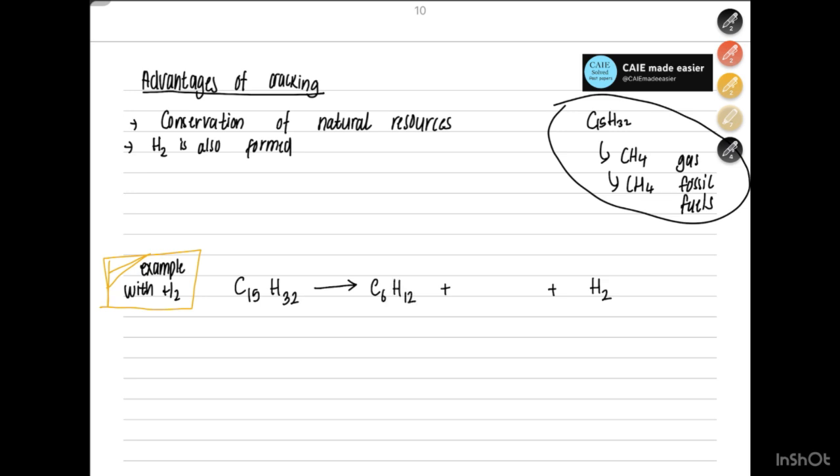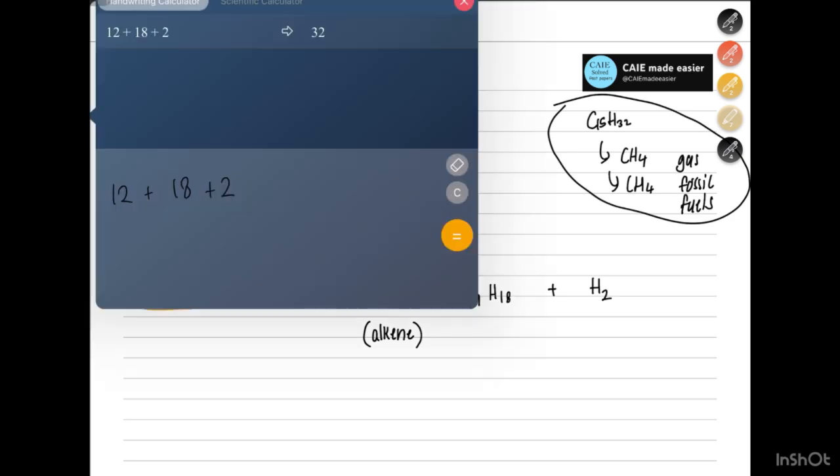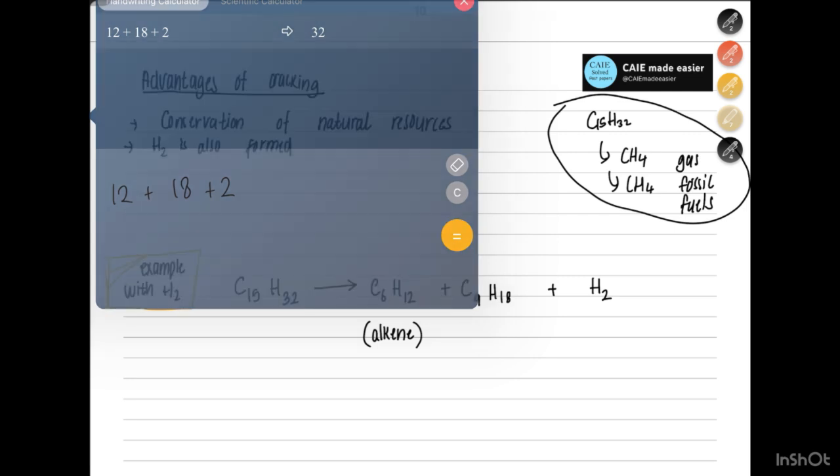Now this is not an alkane, this is an alkene. To get hydrogen, we need to have an unsaturated hydrocarbon, because if it was an alkane, this hydrogen would be part of it. But this is an alkene, with a double bond, so this hydrogen can be formed separately. And then we can add our remaining carbon, which would be C9H18. We can count 12 plus 18 plus 2. This is 32. So it's balanced.